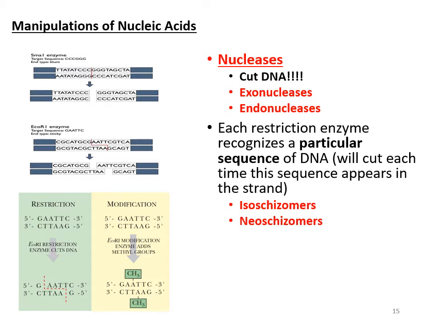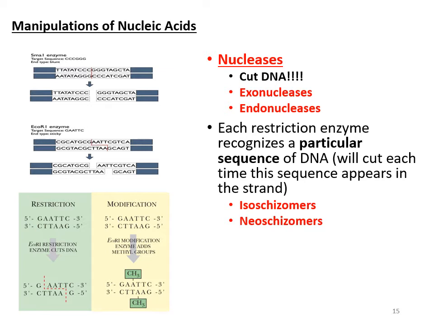Neoschizomers are 2 enzymes that recognize the same sequence of DNA, but cut at different spots. So they recognize the same palindrome, but cut at different spots.